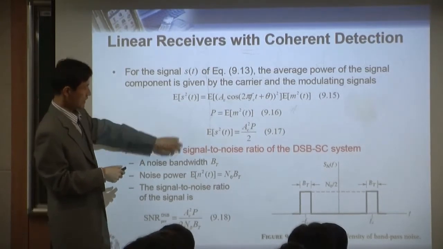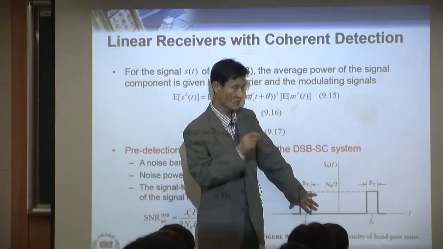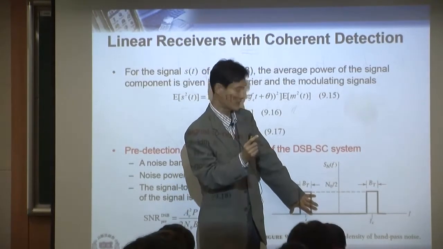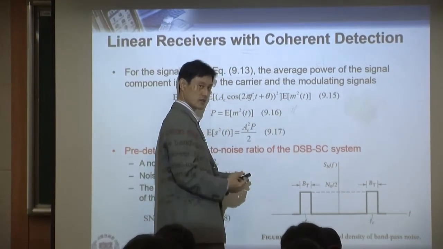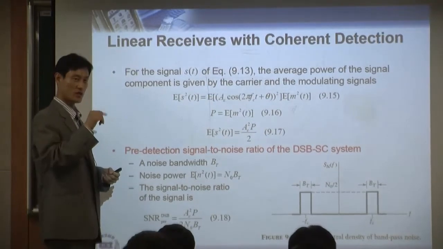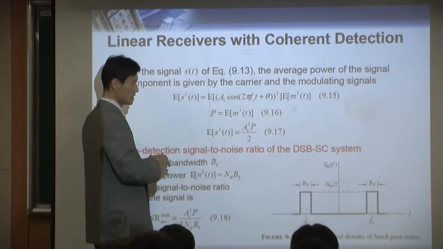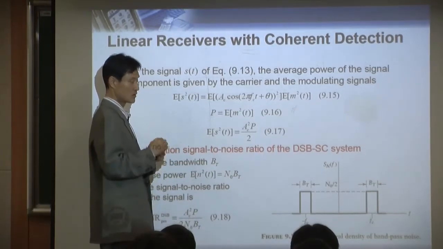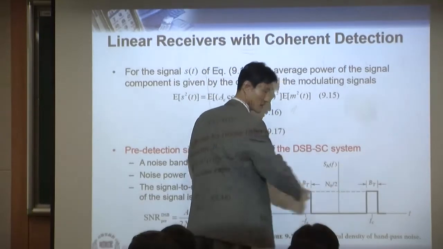Now we know this is the power spectral density of your noise. Remember that for AWGN, we have two different noises, w(t) and n(t). Remember that? w(t) is the true white noise, which means that if you look at the power spectral density, it's going to be flat.